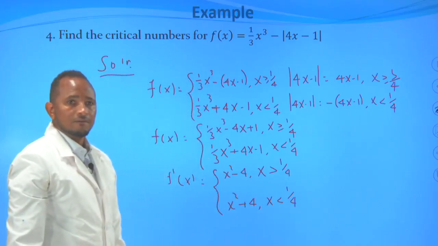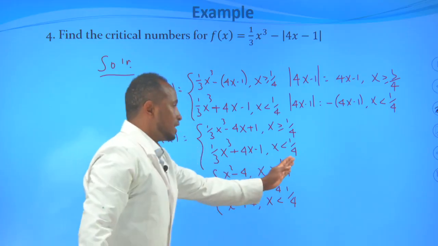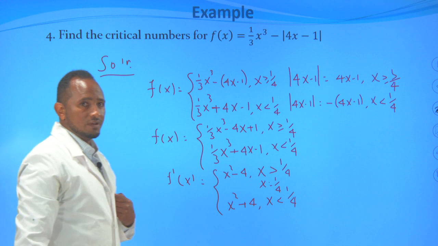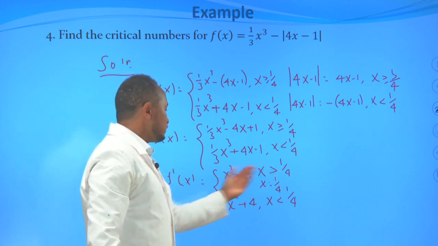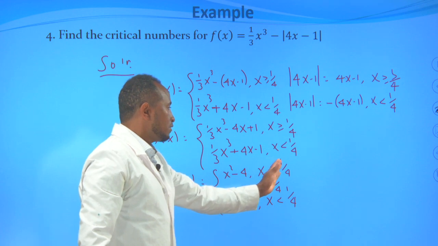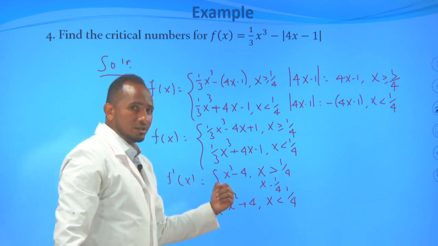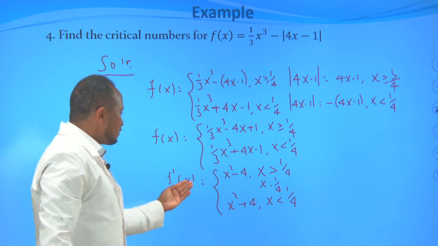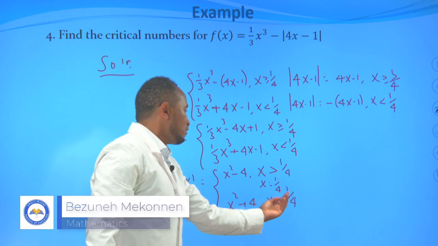Okay. For x equal to 1 over 4, we need to check the right side and the left side derivative. The derivative of our function from the right side of 1 over 4 is this one, and the derivative from the left of 1 over 4 is this one.